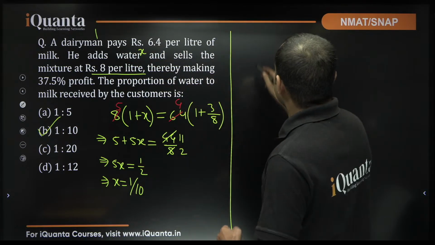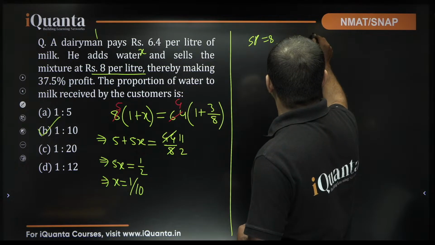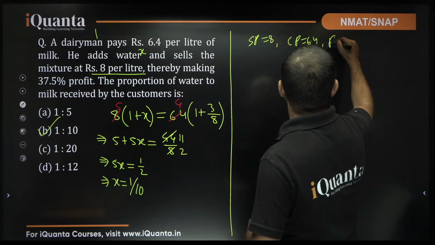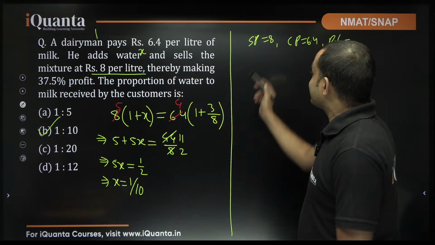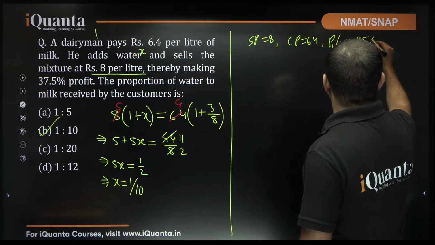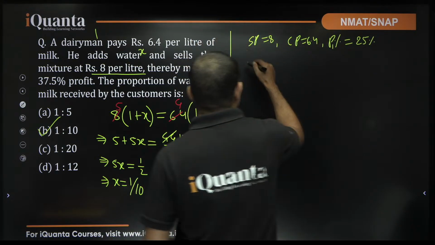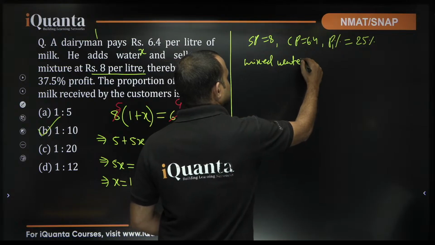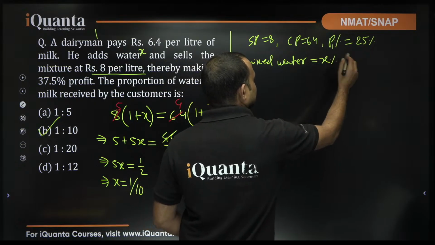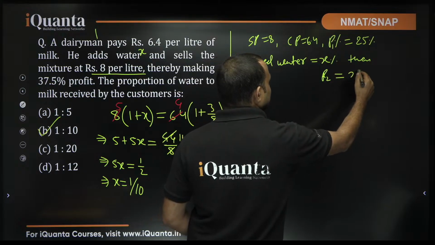But there is another way to solve this. See, SP is equal to 8, CP is equal to 6.4, so profit will be 1.6, which is 25%. If water mixed is X%, then we can say the second type of profit will be X%.